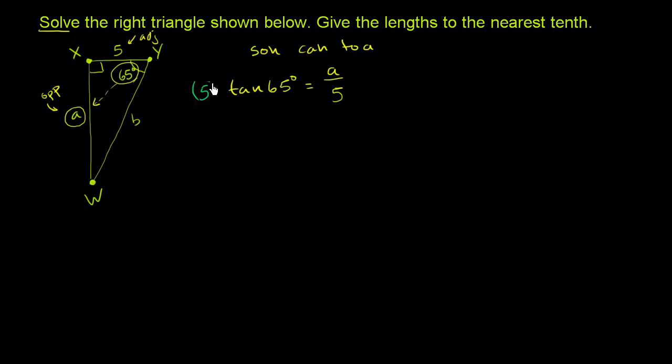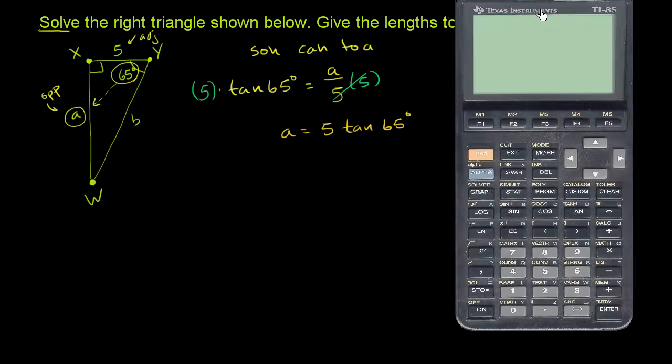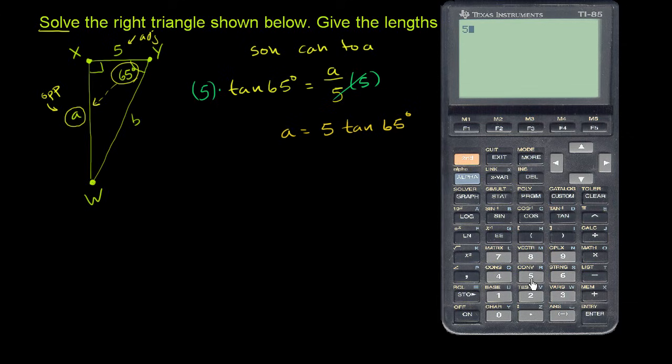So let's do that. 5 times 5. These cancel out, and if we flip the equal around, we're left with A is equal to 5 times the tangent of 65 degrees. So now we can get our calculator out and figure out what this is to the nearest tenth. Get my handy TI-85 out, and I have 5 times the tangent of 65 degrees.